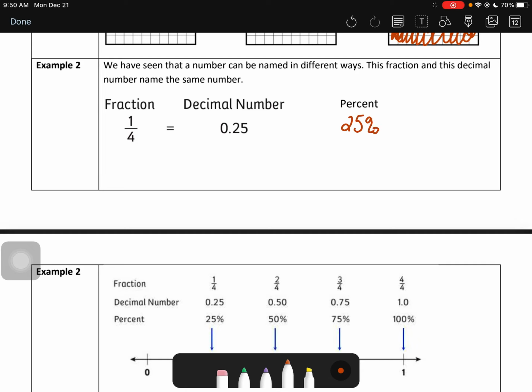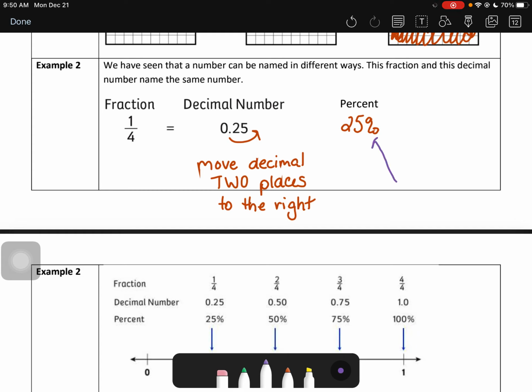In order to get a decimal to be a percent, we move the decimal 2 places to the right. And then we also need to add the percent sign.